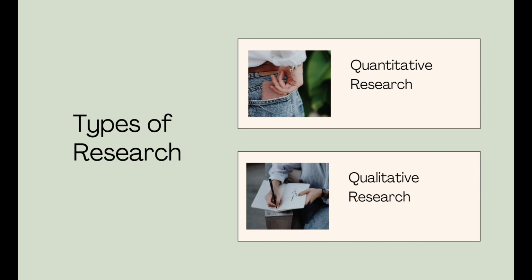So quantitative is used to quantify the problem by generating numerical data, or data that can be transformed into usable statistics. On the other hand, qualitative research is primarily exploratory in nature. So it is used to gain an understanding of underlying reasons, opinions, and of course motivations.